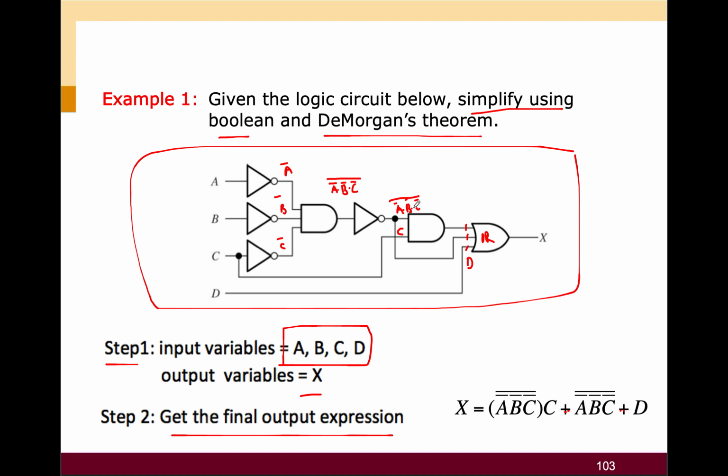So over here you will get A, B, C, bar, bar, bar, another bar.